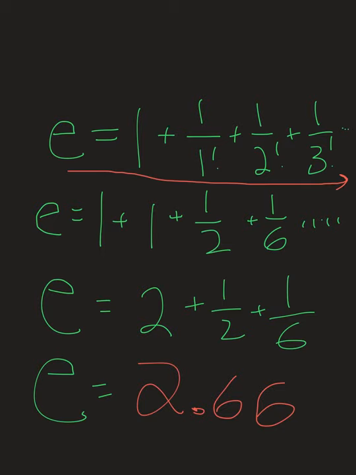I don't really want it to say 2.66, I want it to be E, like really E, 2.718289, I believe. That's not 2.66. I want it to be more accurate. So here's how you can accurately depict E in the form of a series, which is infinite.